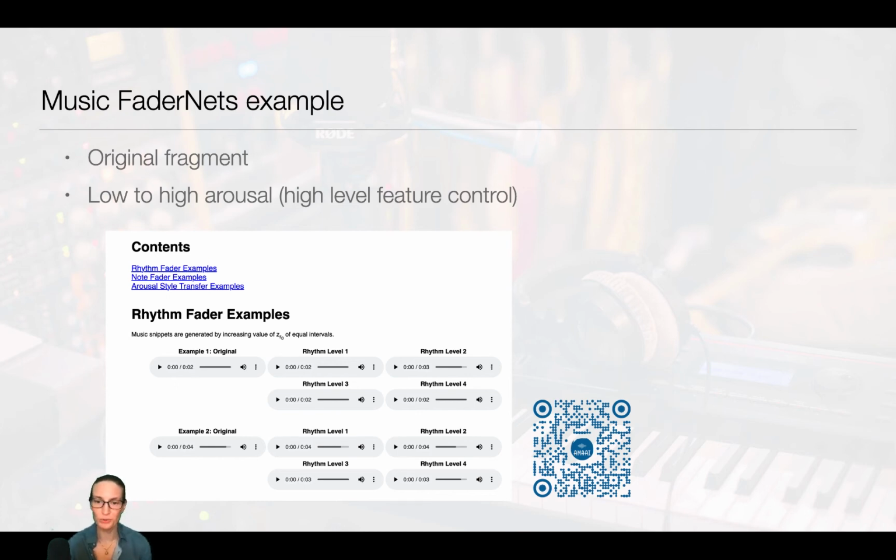So again, we can do these transformations of the generated music or of existing music even through the latent space, which is pretty cool. You can go to the website of Music Fader Nets. All the code is available, and there's a bunch of examples where you can examine if the sliders really work.